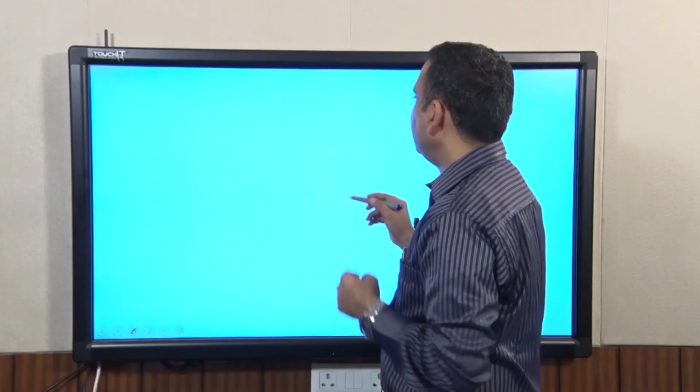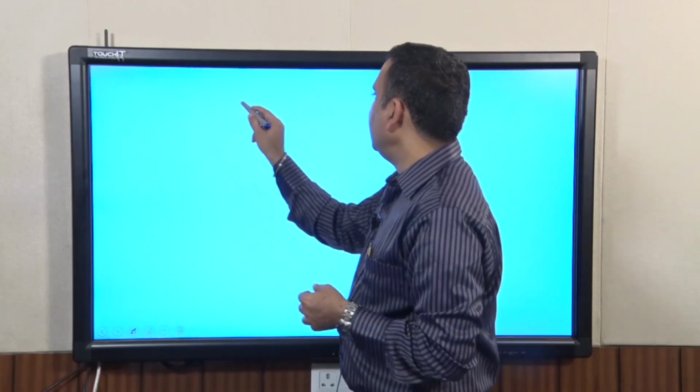Now, let us imagine that you have two plants, one is tall and one is small. So, you have two varieties of pea plant, one is tall which is considered to be TT, and the other is small, and these are called small t small t.